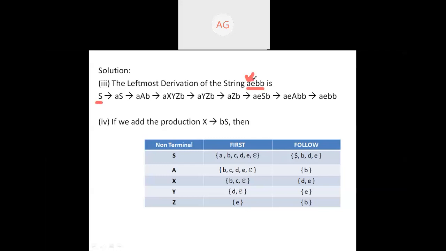Then out of the productions of S, we are going to choose a production in which A is at the starting point. So we are choosing this production AS. Then we need to replace this S with AB. Then we need to replace this A with XYZ.